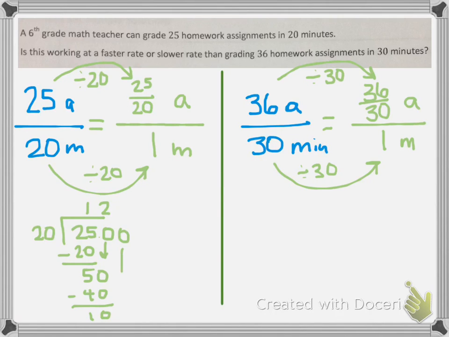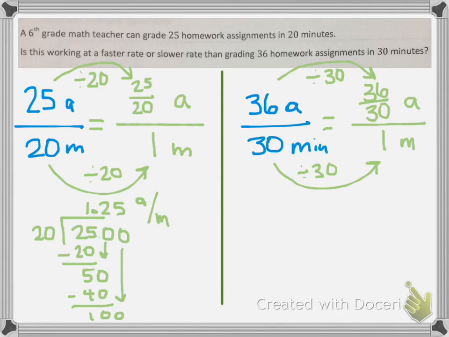Bring down another 0, and 20 goes into 100 5 times. So my decimal in my question goes straight up into my answer. So my answer is 1.25 assignments per minute. So there's the first rate.